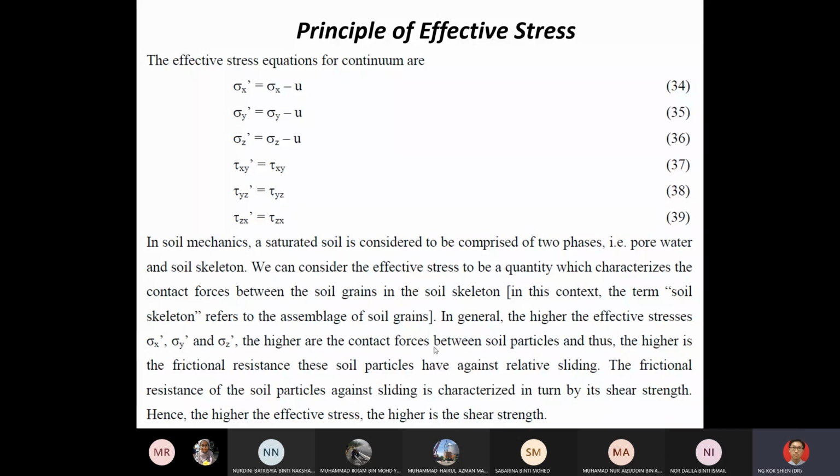Meaning that if the soil is highly compacted or very dense, because it is at the bottom of the soil layer, then it's compacted. So you can see that the particles actually are touching each other quite closely. Then you want to fill the soil, it's more difficult, okay? Because the frictional resistance is higher. Okay? If the arrangement of the particles is very dense, right?